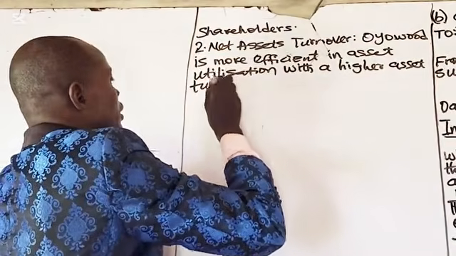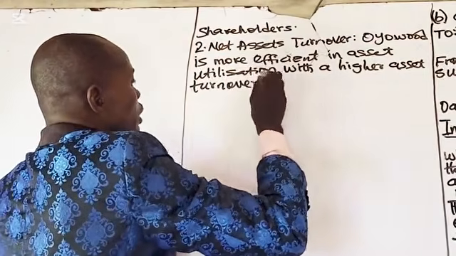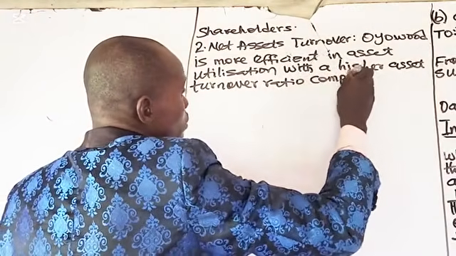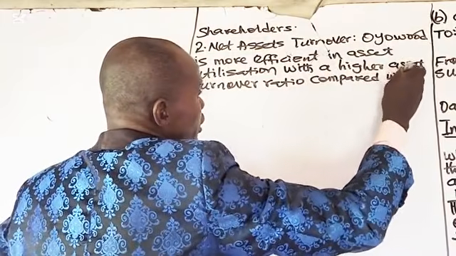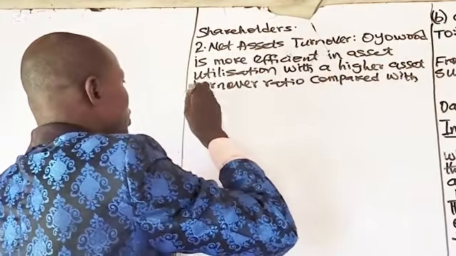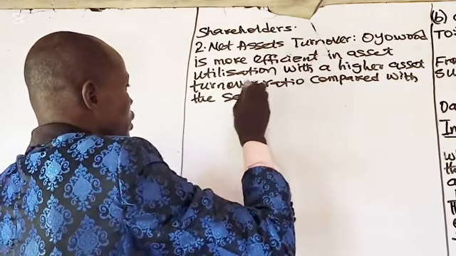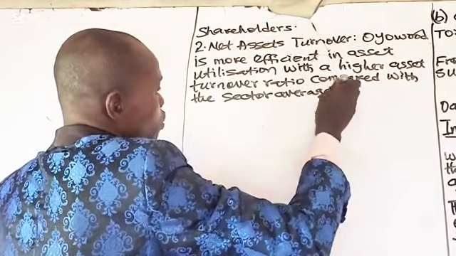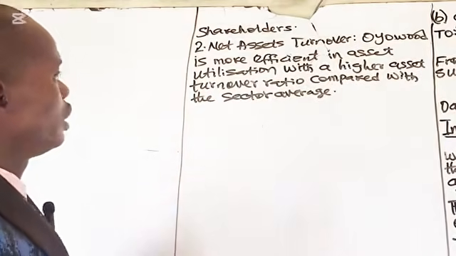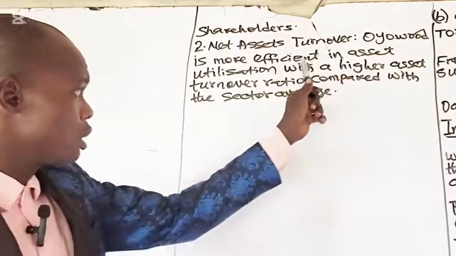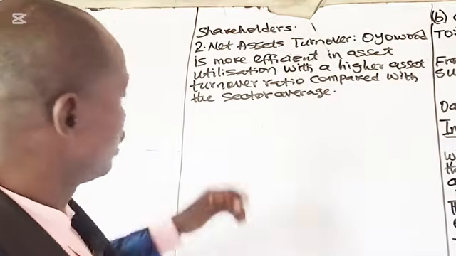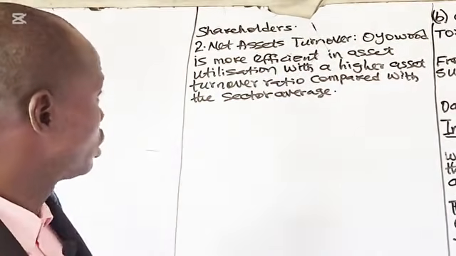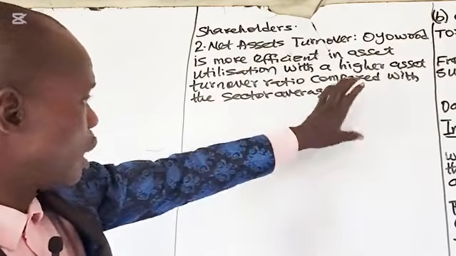I told you that you have to quote the results obtained from those ratios and the sector average if you have not provided those ratios as part of your memo.